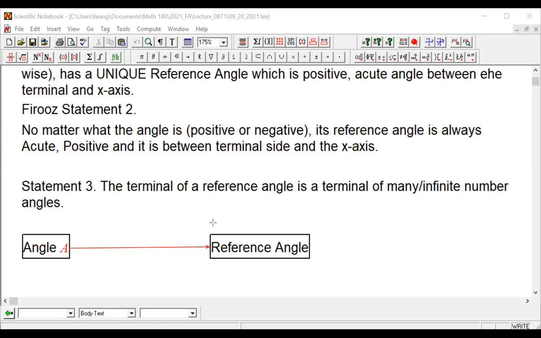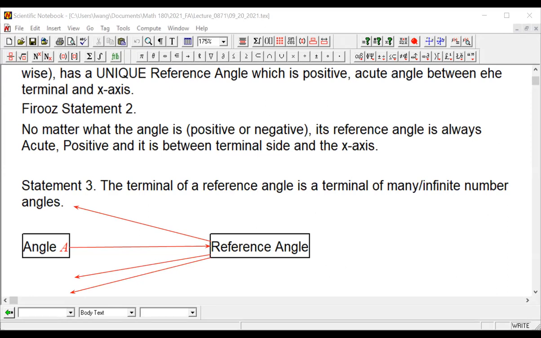But the other way around, you could have many, many angles for the same reference angle. And all of these angles together, we say they are co-terminal. They have the same terminal.